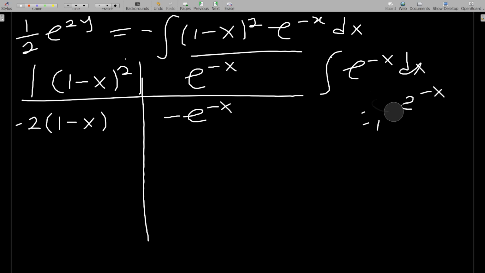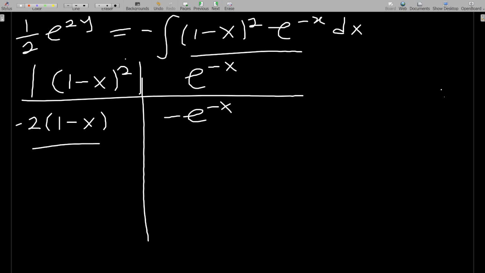So that is negative e^(-x), and you continue differentiating again. Minus 2 here is a constant, so the only part you differentiate is 1 minus x. When you differentiate 1 minus x with respect to x, you get negative 1.